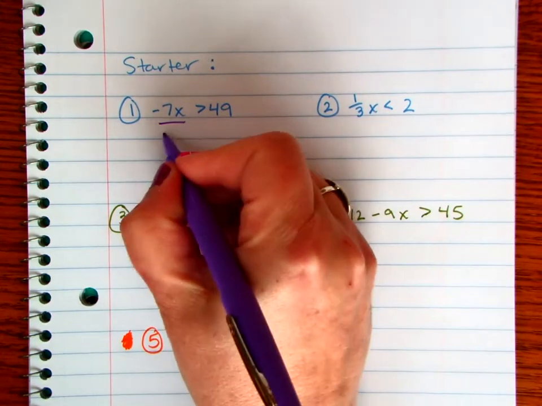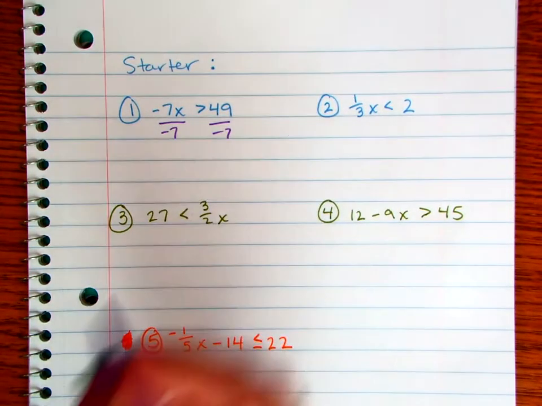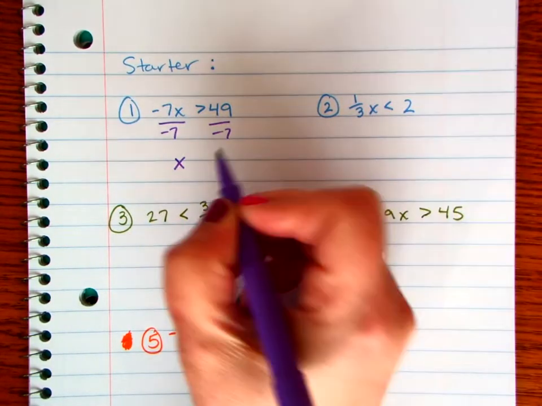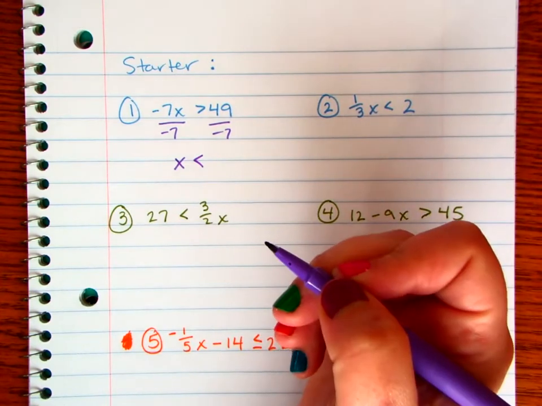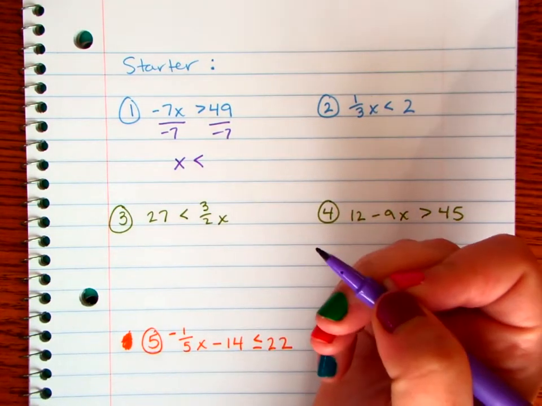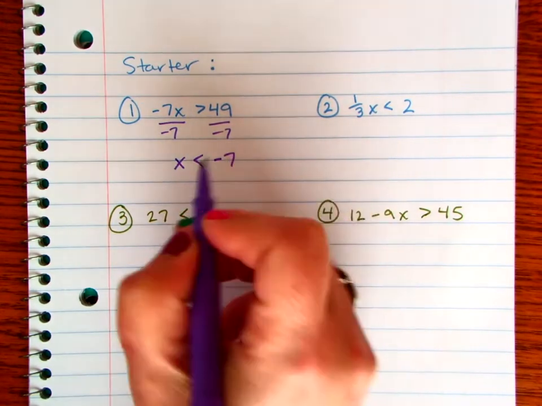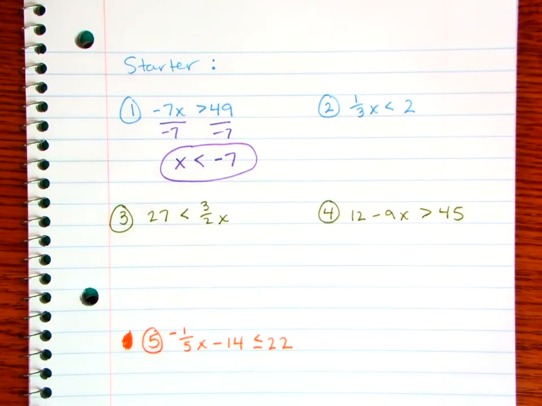That's the same thing you do here. Divide both sides by that negative 7. And because we divided by a negative, we're going to flip the symbol around. Remember, you flip the symbol around if you divide or multiply by a negative. So 49 divided by negative 7 is negative 7, and that is my answer. X is less than negative 7.